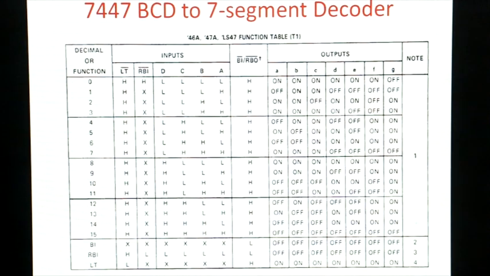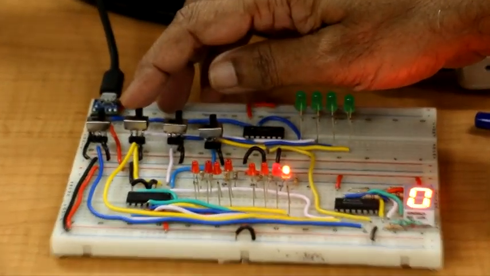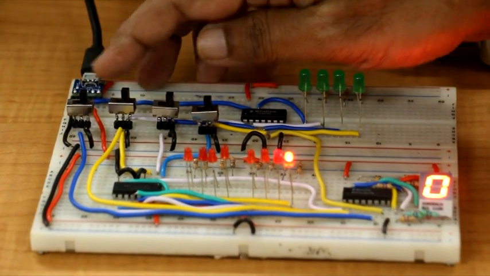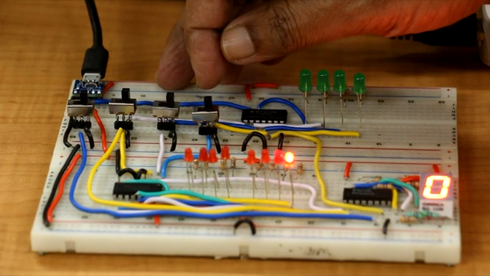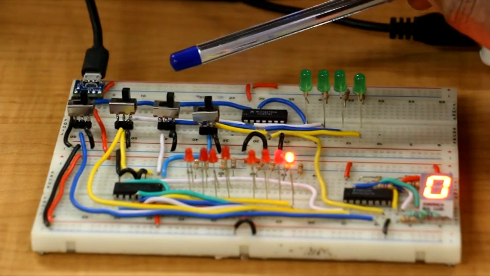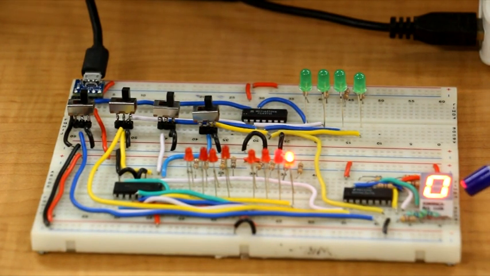So right now what we have done here is we have used the same kind of arrangement. So we have essentially 4 switches here. You can see that right now I have chosen all of them as 0. So this corresponds to the first one, and you would see that except G, all segments are glowing. We can see that here.